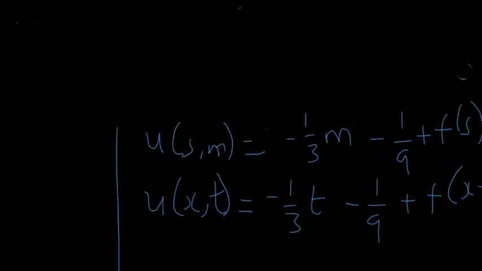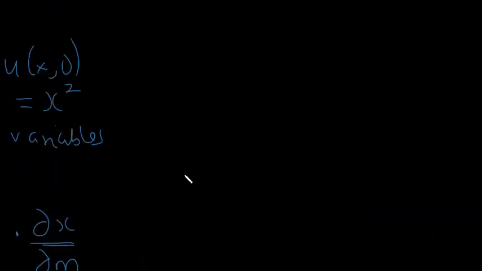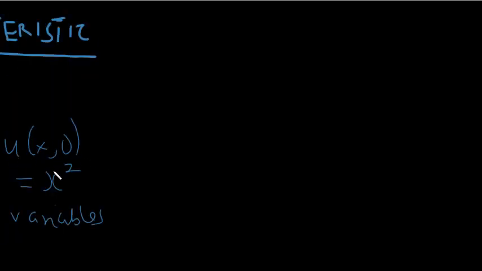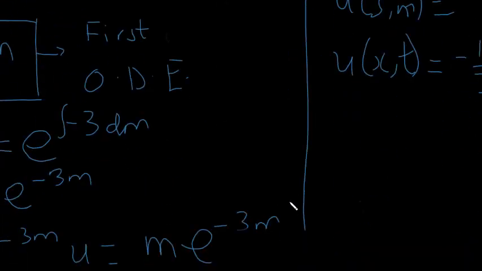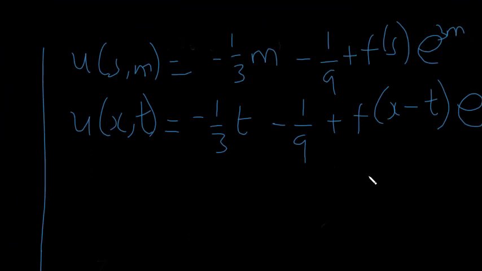Then we can go back to our initial conditions. With our initial conditions, we had u of x, 0 being equal to x squared. So wherever you see t, you put 0 there, right?